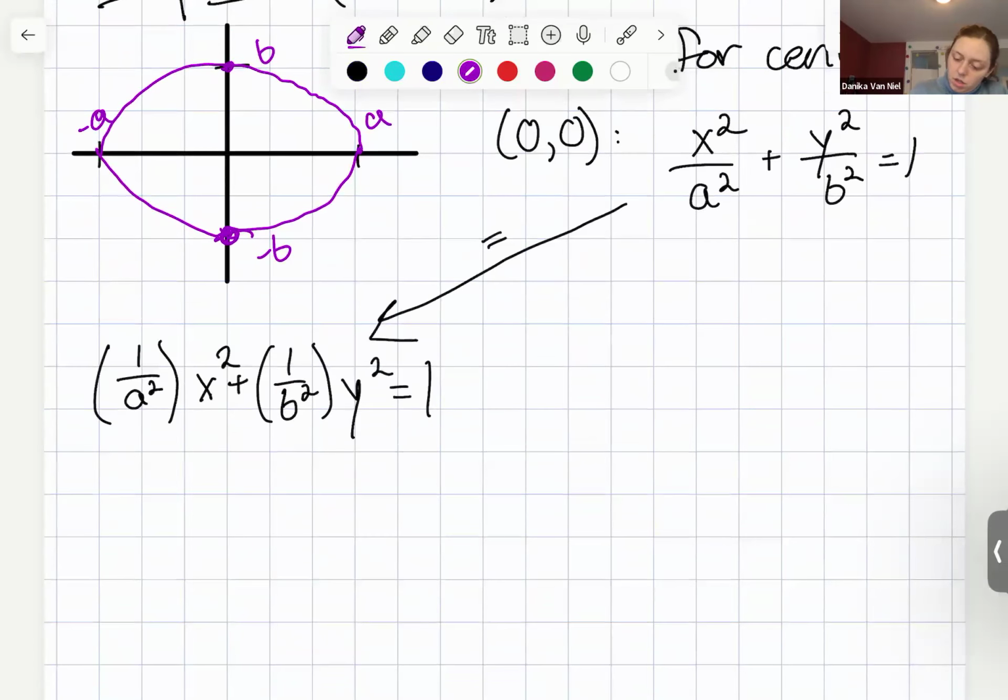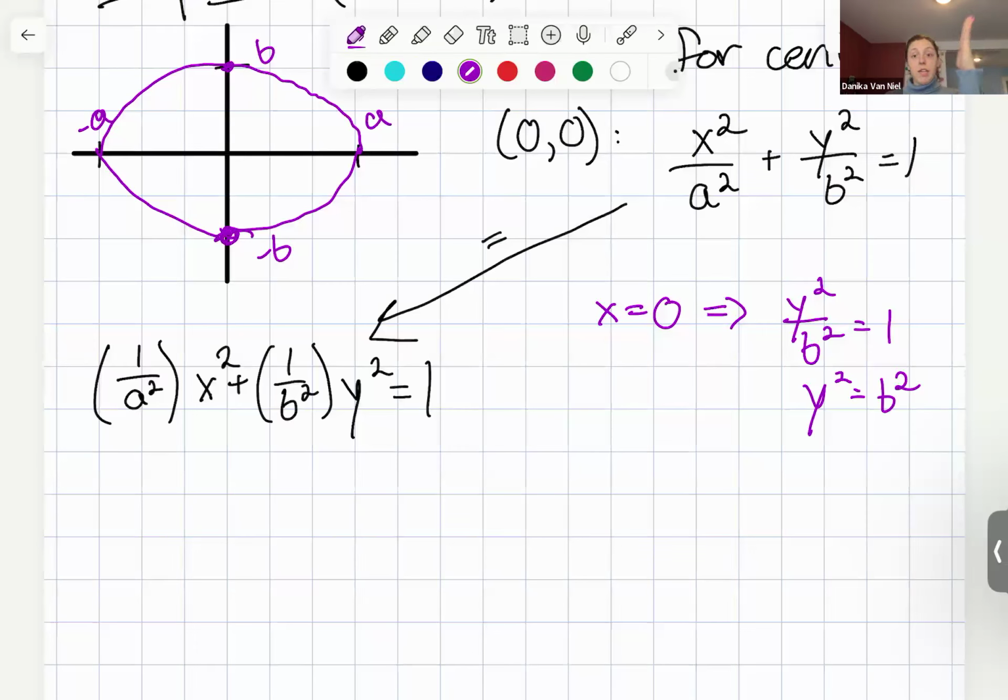So when x equals 0, then we have y squared over b squared equals 1. So it's just y squared equals b squared. That's why on the y-axis, when x equals 0, we have negative b and positive b, right?